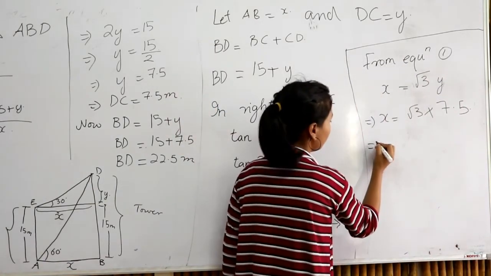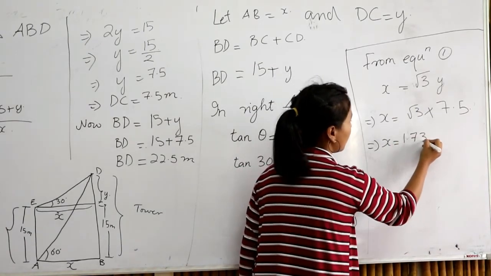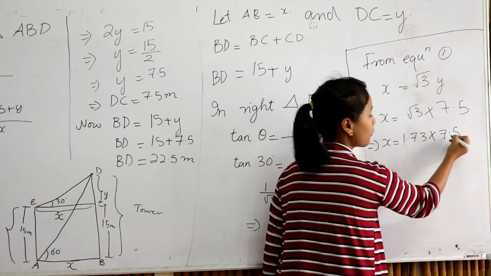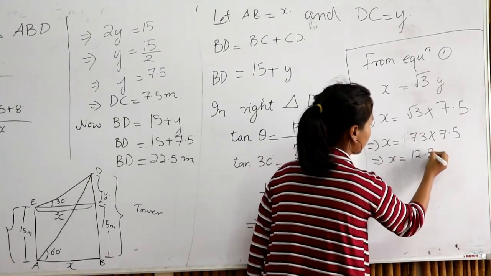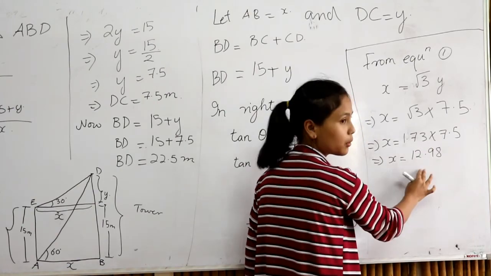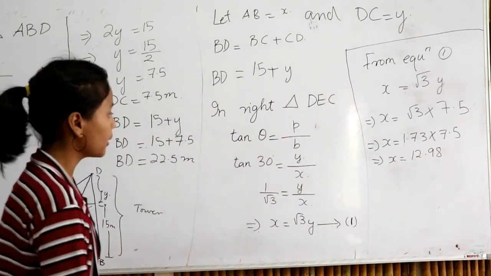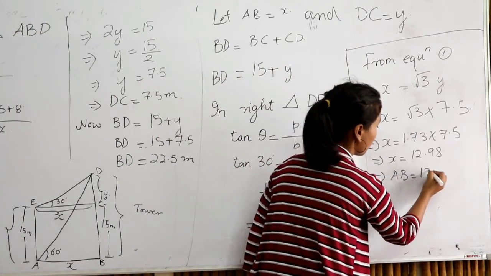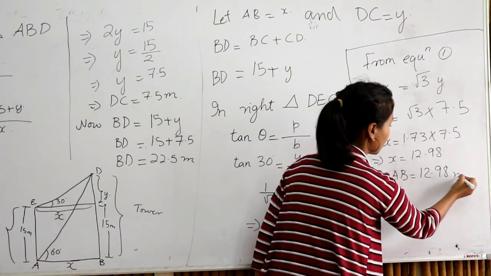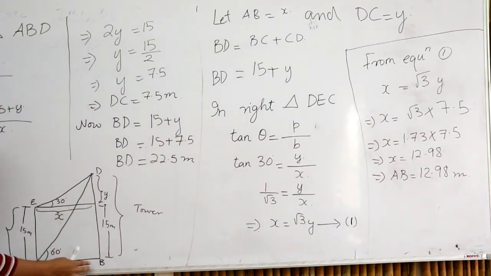Now let us replace root 3 by 1.73 into 7.5, which implies X is equal to 12.98. If you multiply this, you will get this. Now X is AB, which implies AB is equal to 12.98 meter. So the distance between this building and this tower is 12.98 meter.